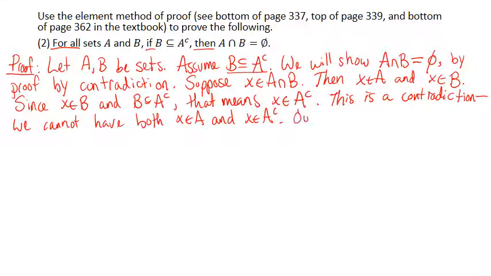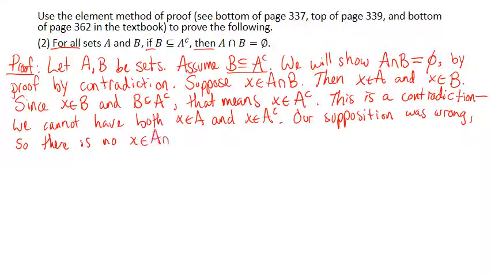Okay, so that means our supposition was wrong. So there is no X in A intersect B, so A intersect B is empty. And that's it.